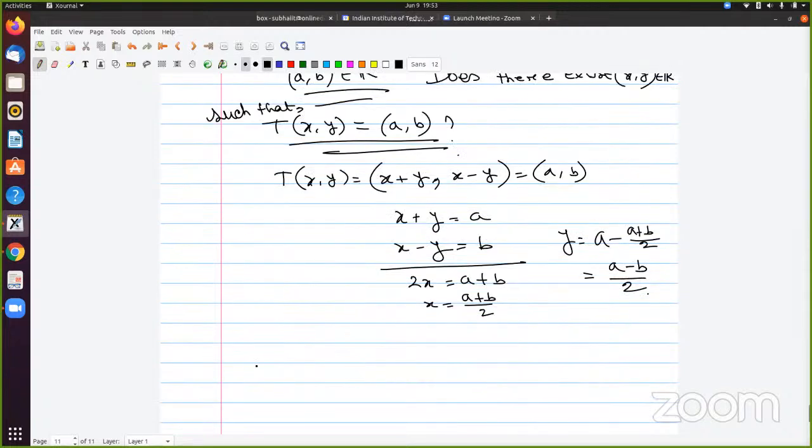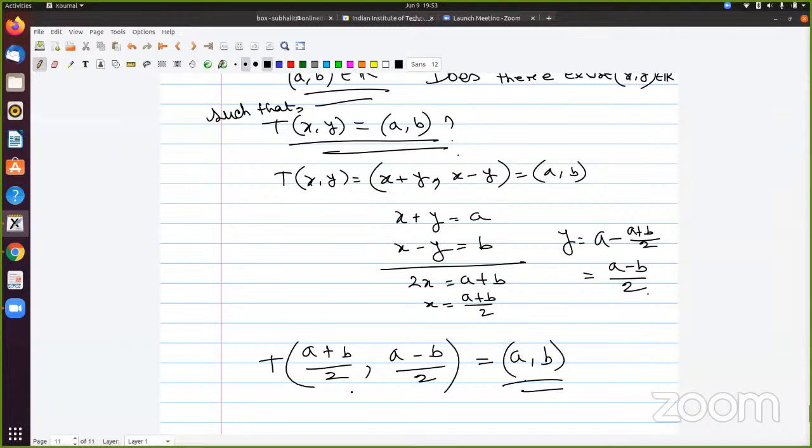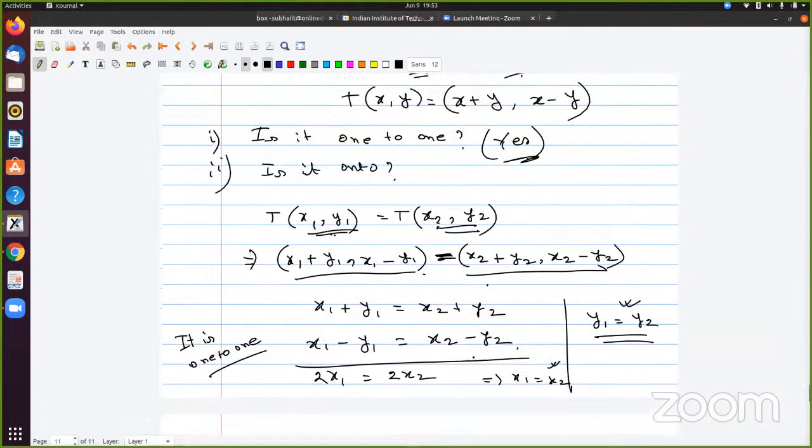So if we take x and y like this and calculate the image, we get (a, b). So indeed (a, b) has a pre-image because this is in R2. So this is onto. The answer is yes, this (x, y) exists because we found x and y like that, and so the answer to this question is also yes.